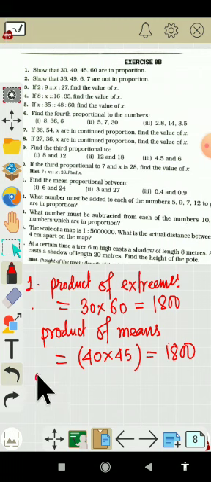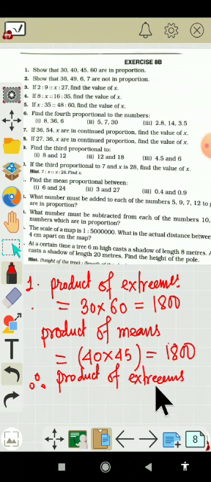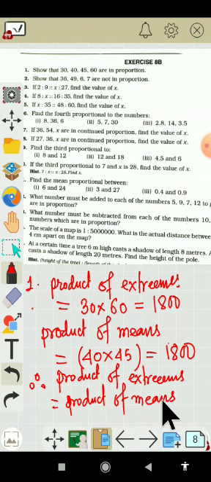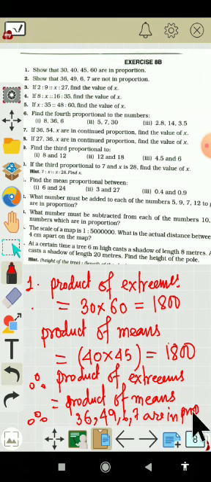So since the product of extremes is equal to the product of means, therefore the numbers are in proportion.